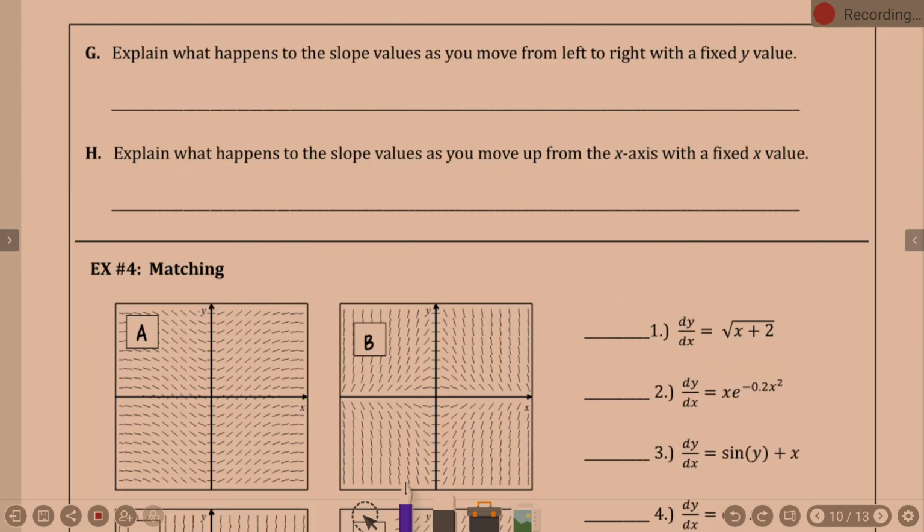So y greater than 0, then dy/dx decreasing. Y less than 0, and dy/dx increases.